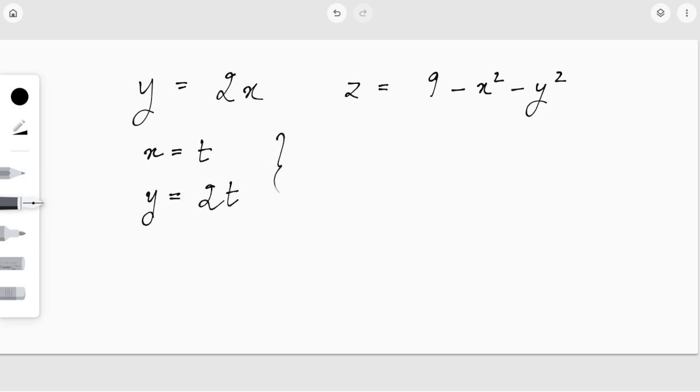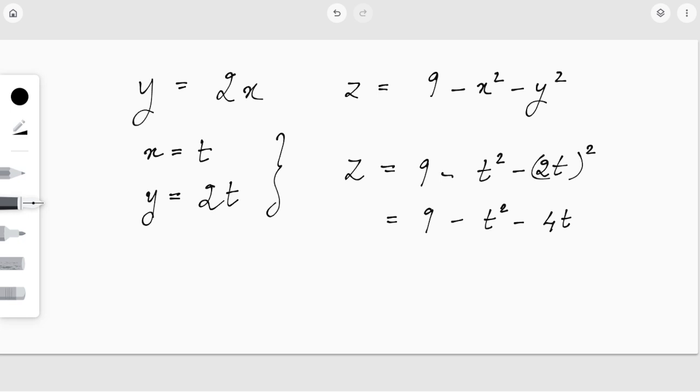Now using these two equations, we have z is equal to 9 minus t square minus 2t whole square, which is equal to 9 minus t square minus 4t square, that is 9 minus 5t square.